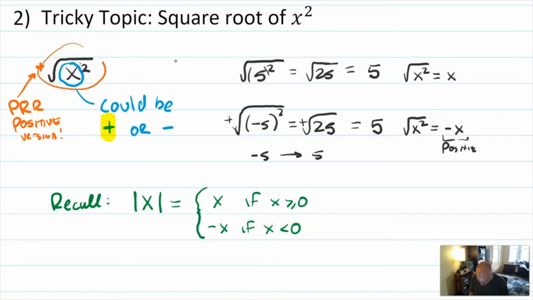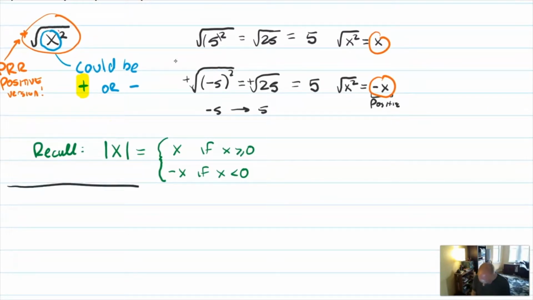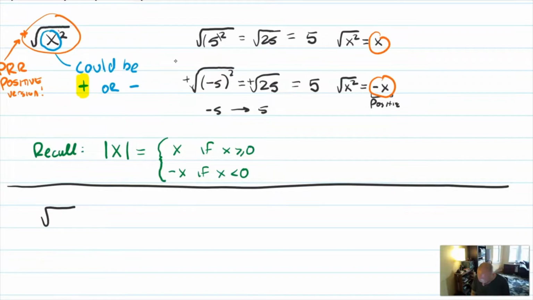The square root of x squared has the exact same behavior. And in math, if two things have the same behavior for all x values, they're the same. So here's what we're going to write. The square root of x squared is equal to the absolute value of x.